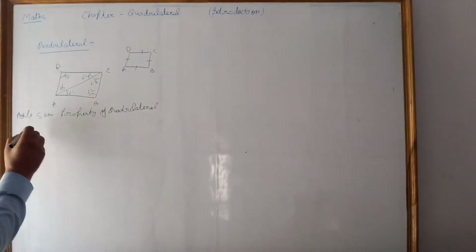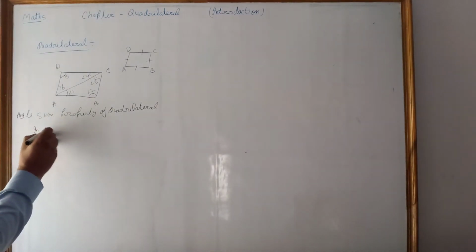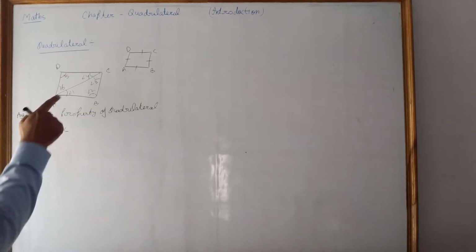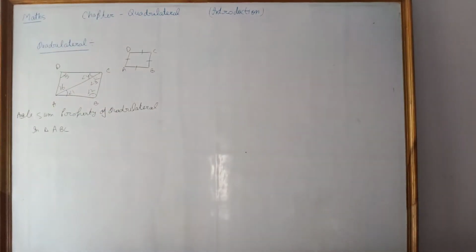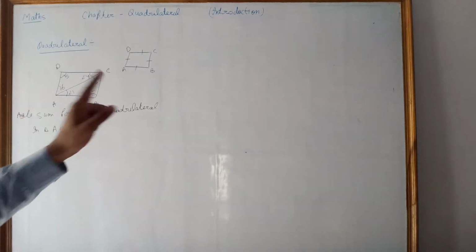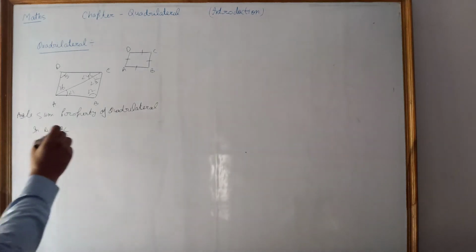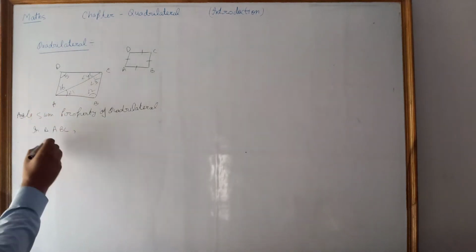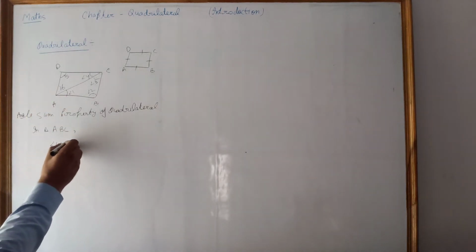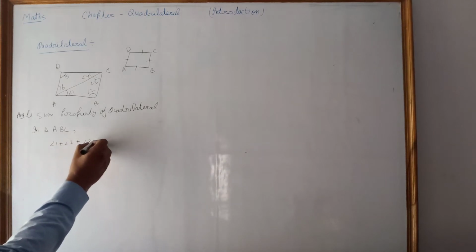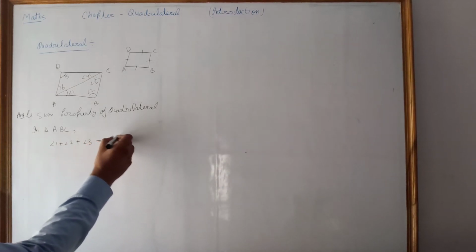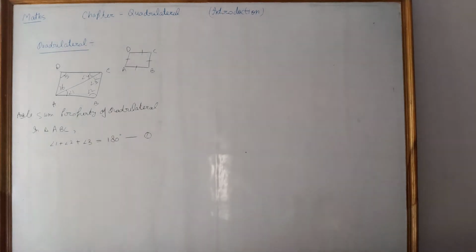Now talking about triangle ABC. In the last chapter we have studied that the sum of 3 angles of a triangle is 180 degrees. So angle 1 plus angle 2 plus angle 3 is equal to 180 degrees.